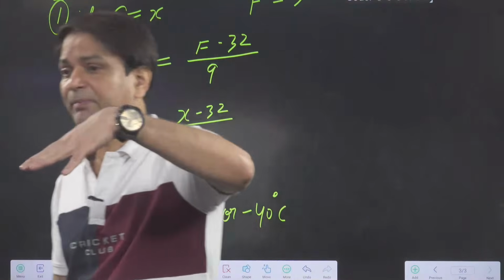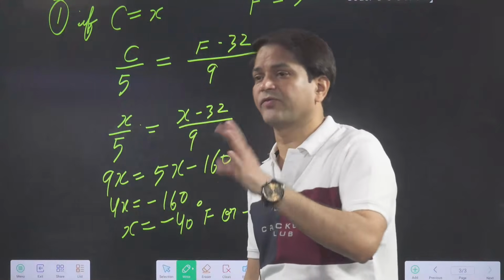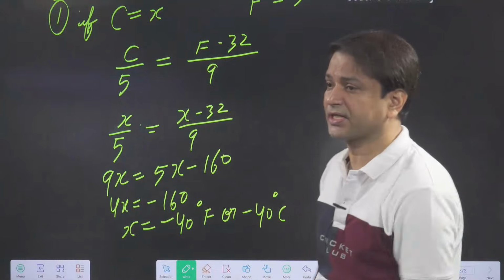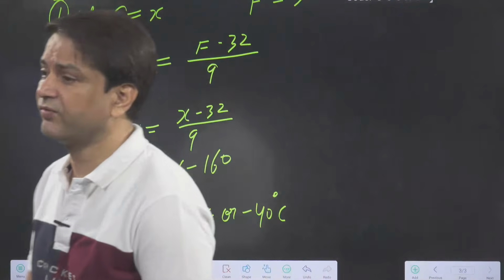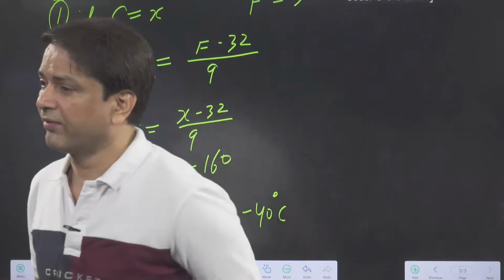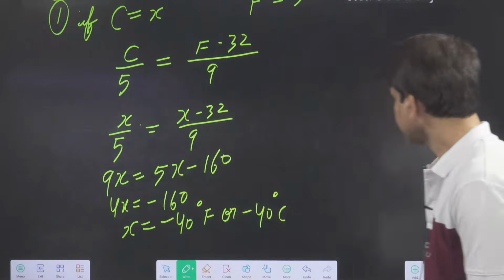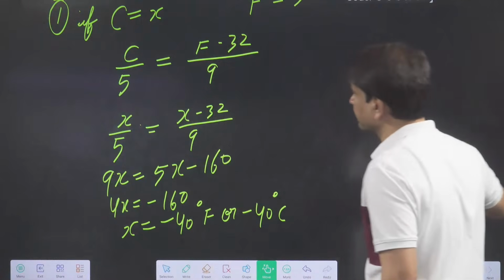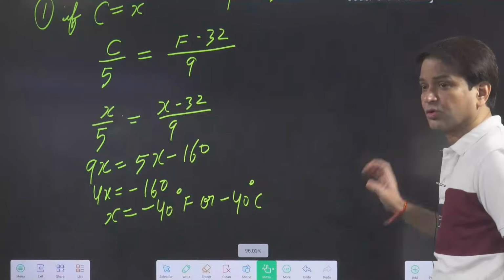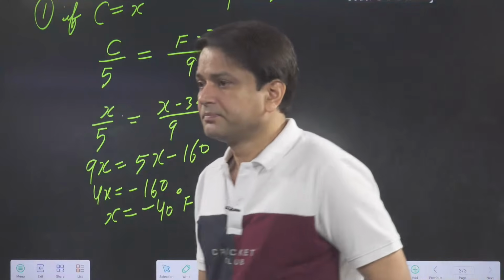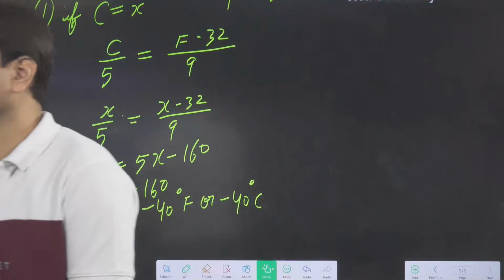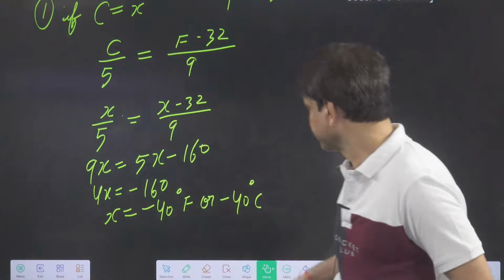For the same temperature, they are showing different readings, but this is the only temperature at which Celsius and Fahrenheit scale will show the same reading. Everybody got or not? Understood? Okay.